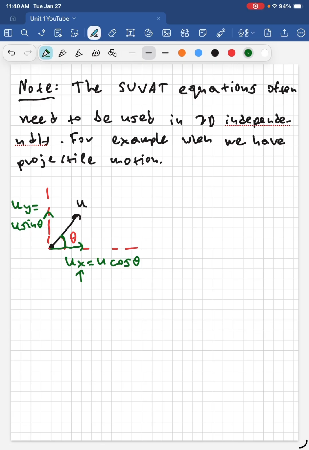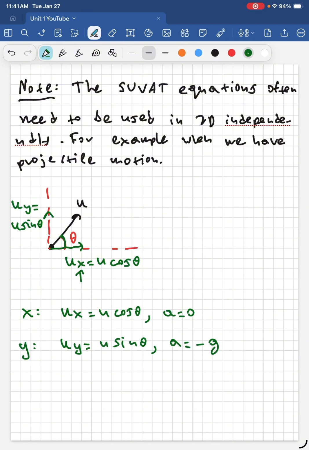So now the SUVAT equations have to be applied in the x direction, in which we will have ux equals u cosine theta, and the acceleration in this case is going to be 0 unless they specify something else. And in the y direction, we are going to have uy, the initial speed in the y direction, which is going to be u sine theta, and the acceleration is going to be minus g, because the velocity vector points up, but the acceleration points down, and the acceleration is g because we have gravity, right?